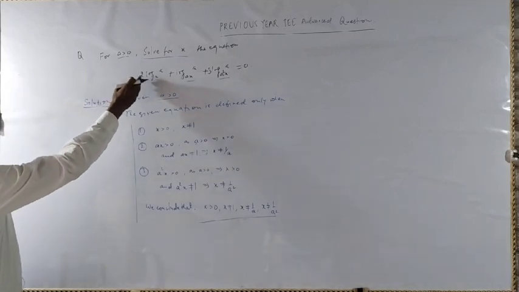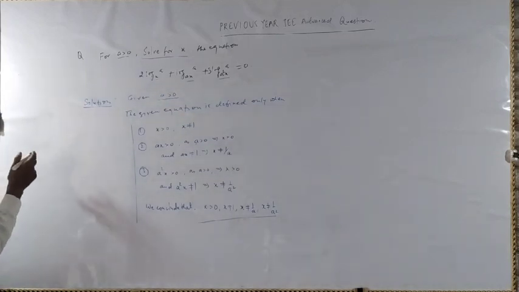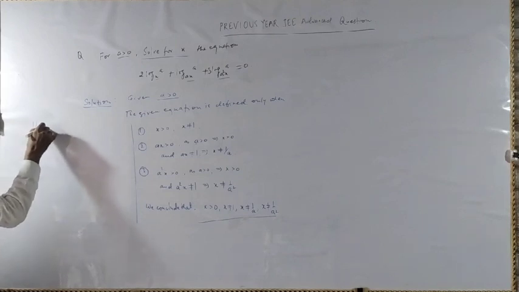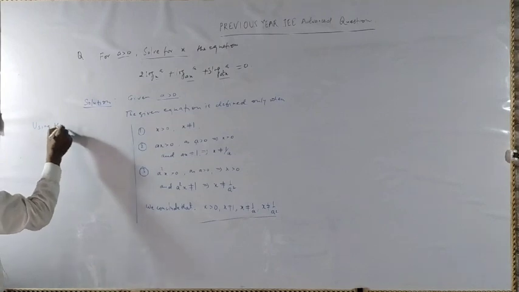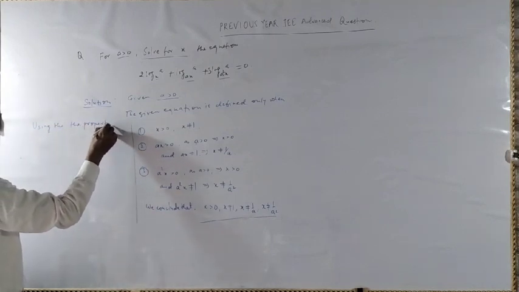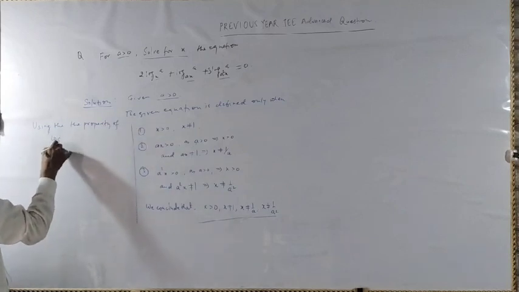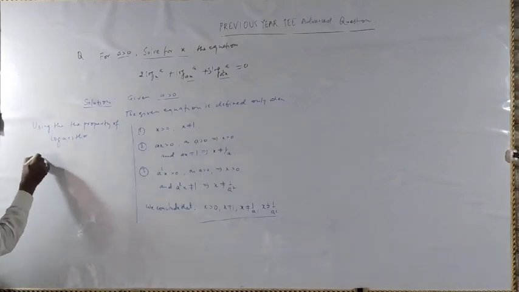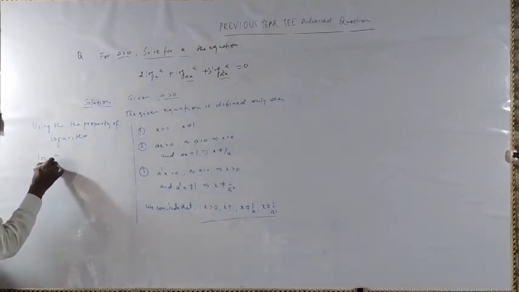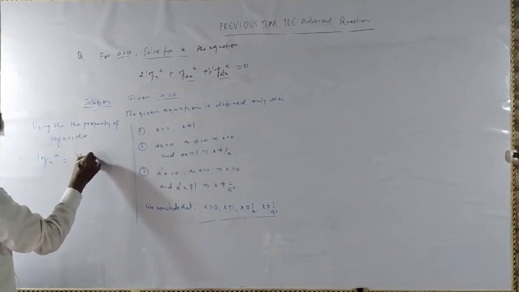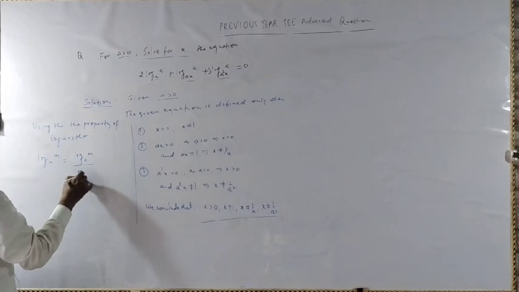Let us change this into this way, using the properties of logarithm: log of m to the base n can be written as log of m to the base a by log of n to the base a.